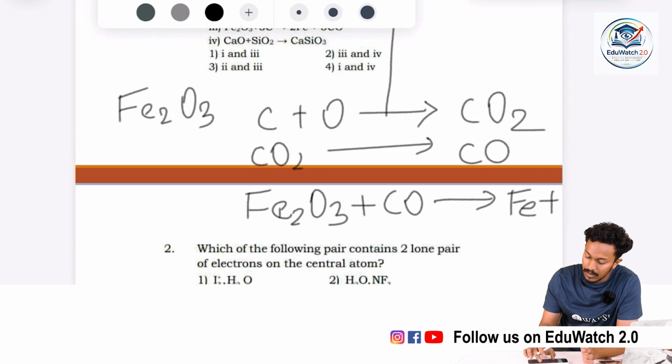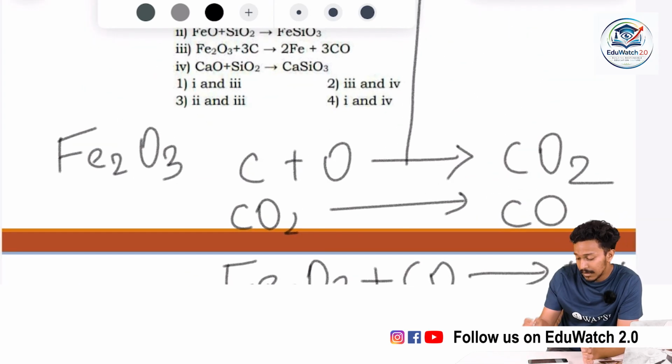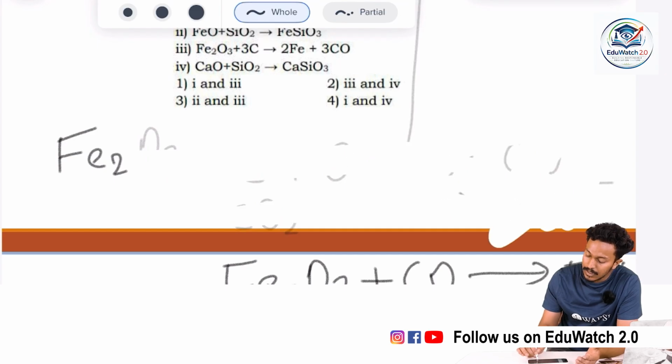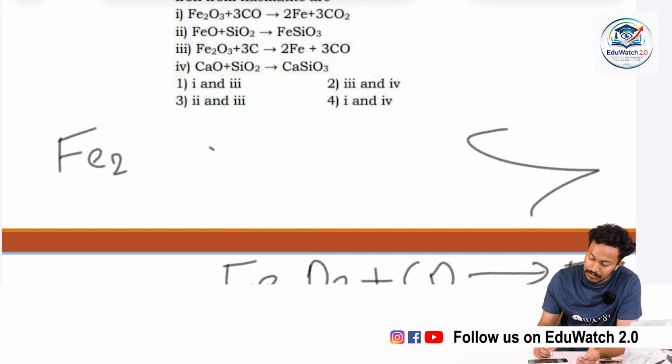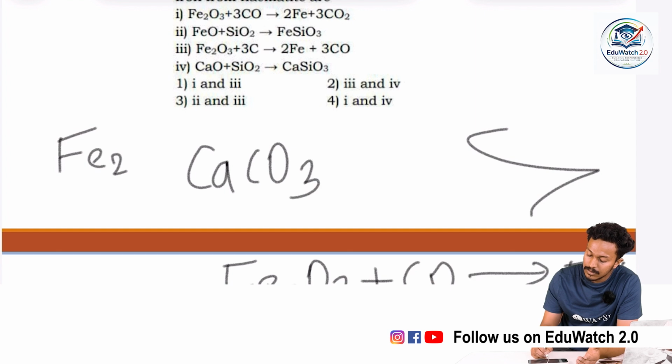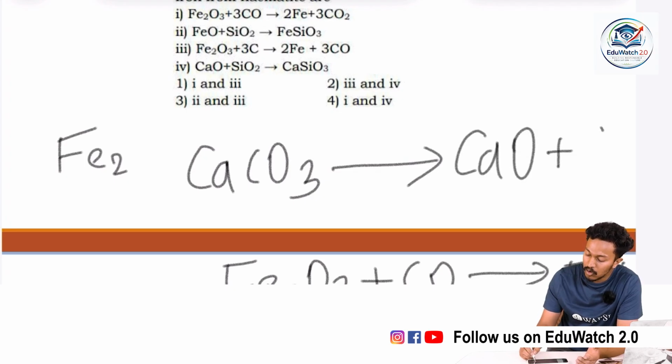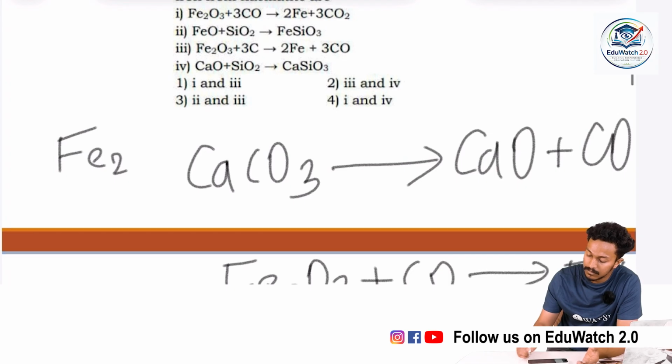The additional reaction we use in this blast furnace involves calcium carbonate, which is also known as limestone. This is heated to form calcium oxide along with carbon dioxide.